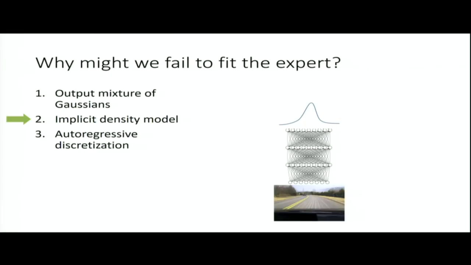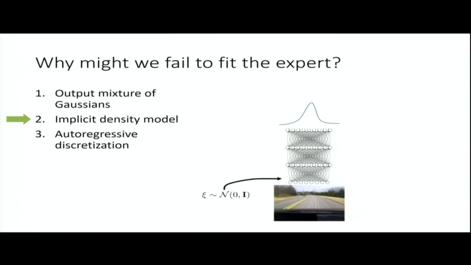Let's talk about implicit density models. Implicit density models are very, very powerful models for representing any probability distribution, and they work like this. You're going to output something simple, like you're still going to output, for example, a single Gaussian or some other relatively simple distribution, but now you're going to actually input not just the image, but some kind of noise into this network.